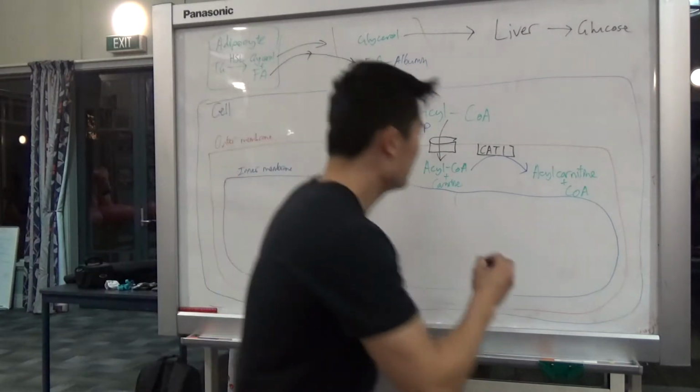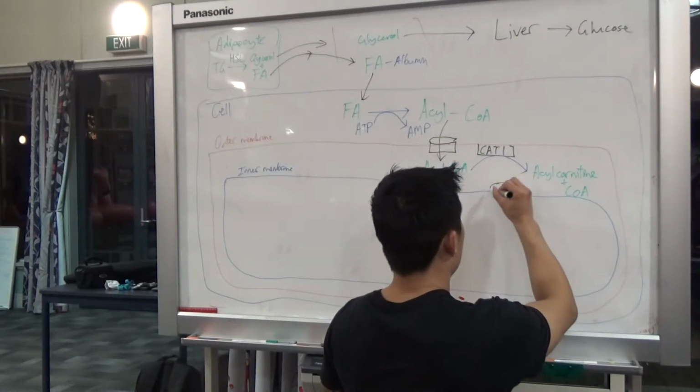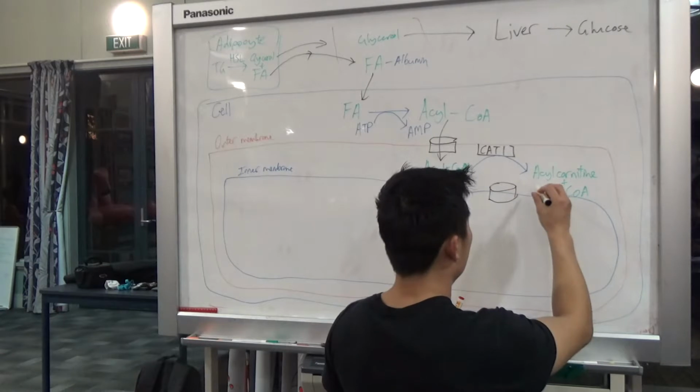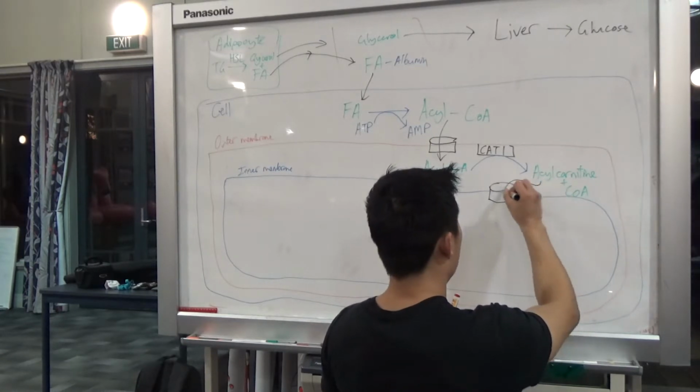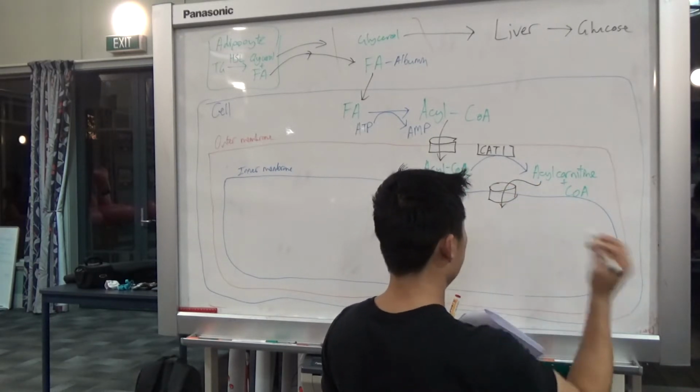Now there's a transporter on the inner membrane which can allow acyl carnitine into the cell.